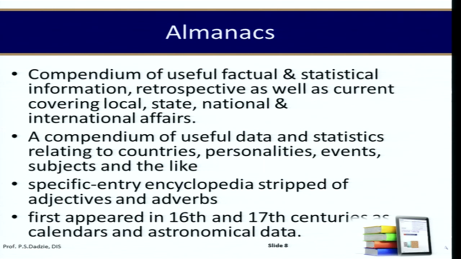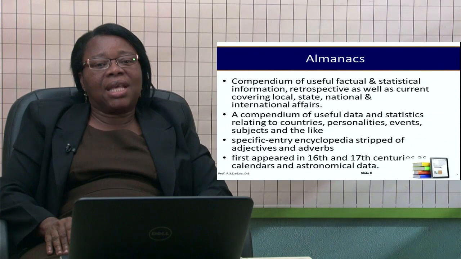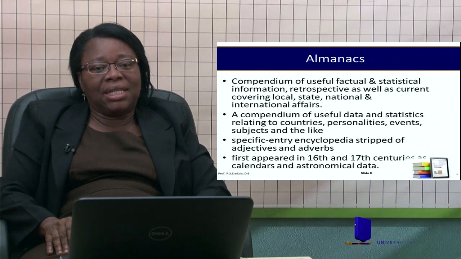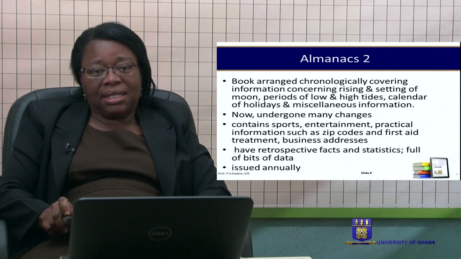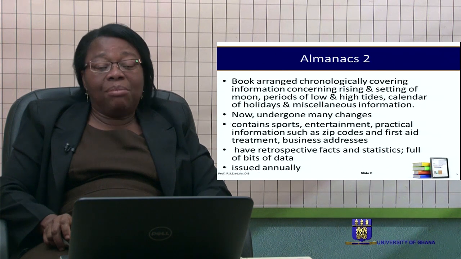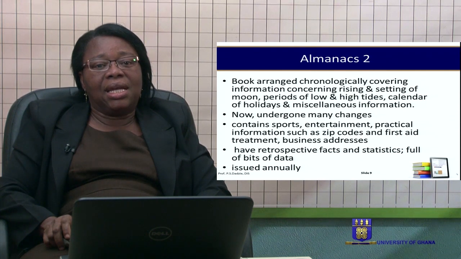Another definition for almanacs is a compendium of useful data and statistics relating to countries, personalities, events, subjects, and the like. Now, the first almanacs appeared in the 16th and 17th centuries, and they appeared as calendars and astronomical data. These days, almanacs contain more than just calendars and astronomical data.